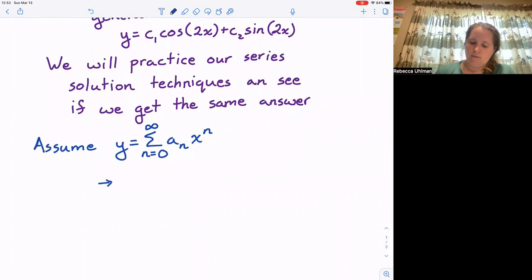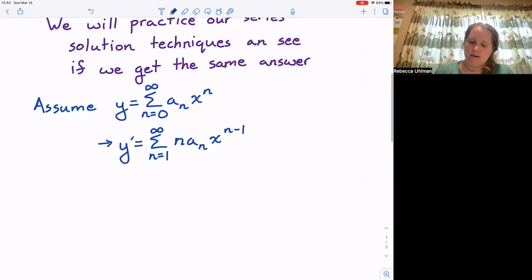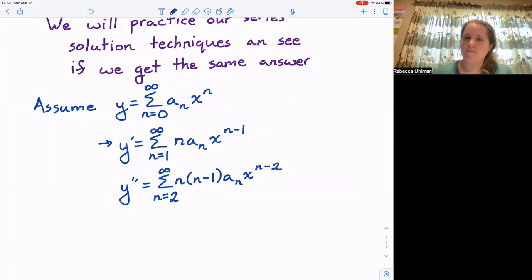Then we have that y prime is the sum from n equals 1 to infinity of n times a sub n times x to the n minus 1. And y double prime is the sum from n equals 2 to infinity of n times n minus 1 times a sub n times x to the n minus 2.